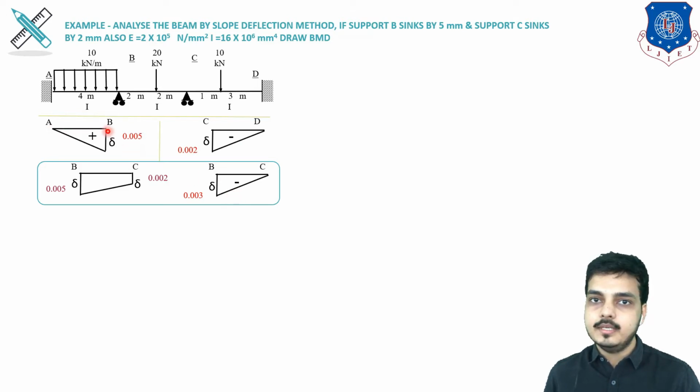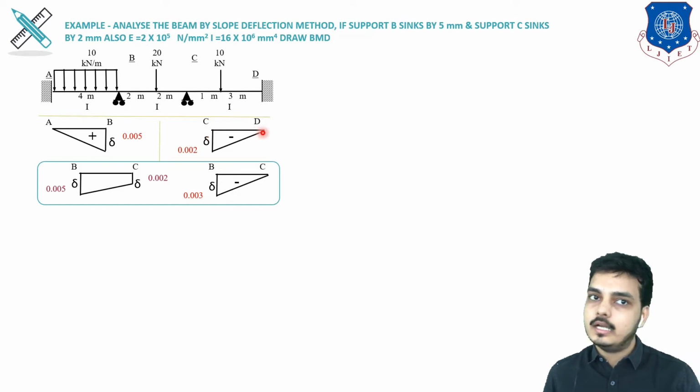Now what is this positive and negative? When you see AB span, in which A is not sinking but B is sinking, B is sinking in a clockwise direction. In the starting of this series of chapters we discussed that positive will be clockwise. So it is positive, which is going clockwise. Now in BC span B is sinking more, so if you stand at C and look at B, it is sinking downward, which is in anti-clockwise direction, so it should be negative.